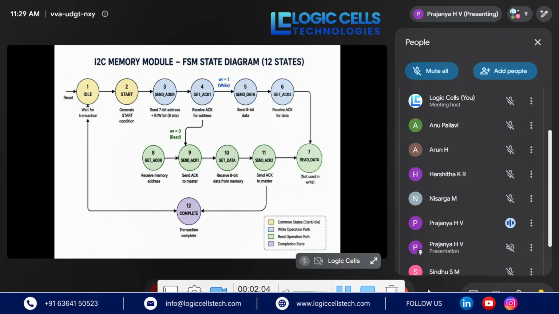Each state performs a specific operation. The states are idle, start, send address, acknowledgement one, send data, acknowledgement two, read data, complete, get address, send acknowledgement, get data, and send acknowledgement two.